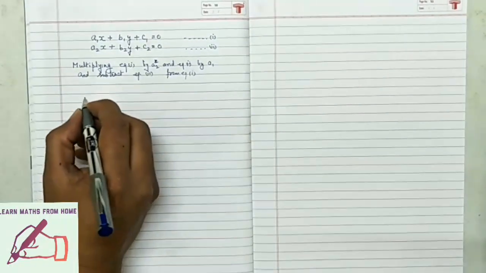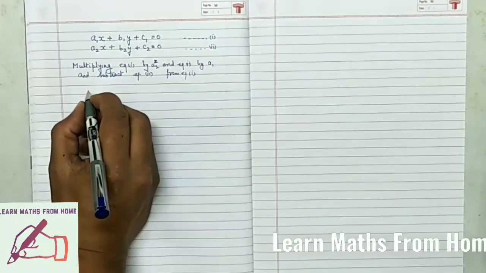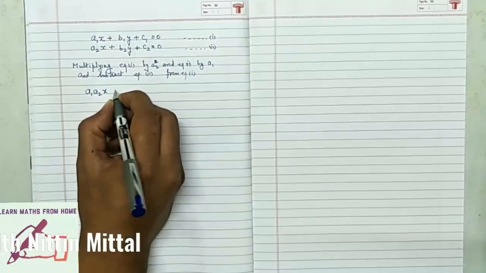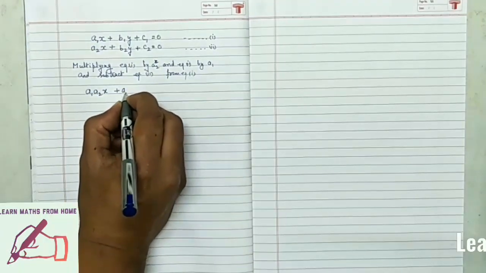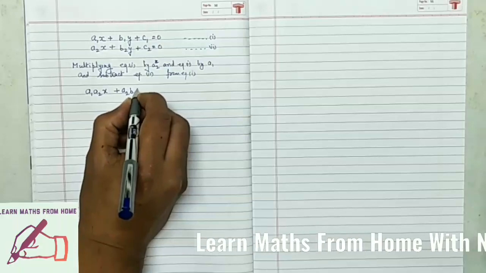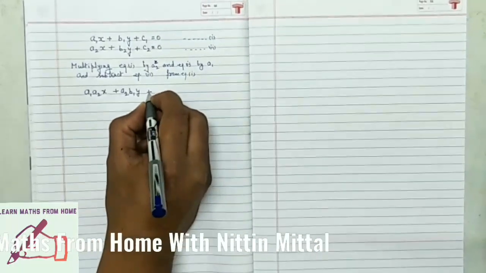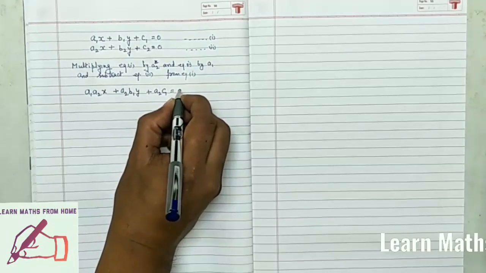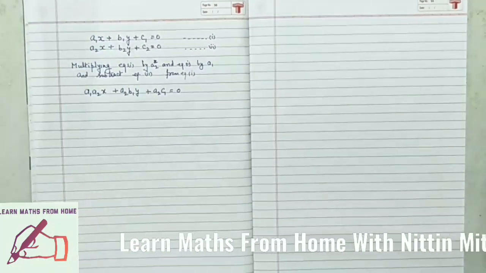So what we will get when we multiply first equation by a2: a1a2x plus a2b1y plus a2c1 equal to 0 into a2, 0. So we have to multiply on both sides.